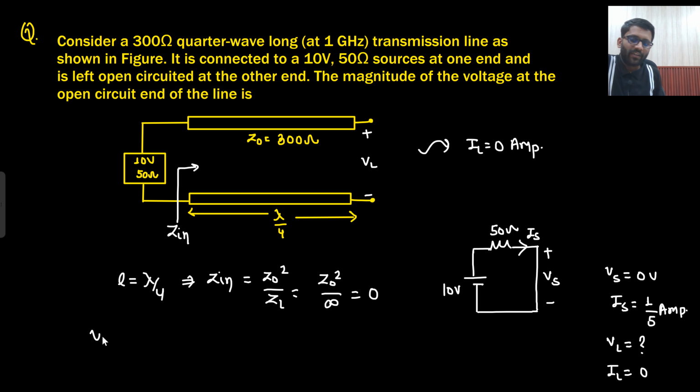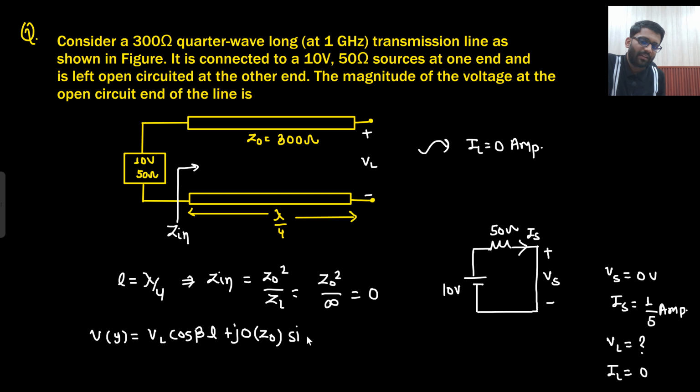Okay. So the Vy equation I already know since this is a lossless transmission line. So VL cos beta L plus j IL Z naught sin beta L. But IL is 0 only, no? So that term is 0. And here what do you get?